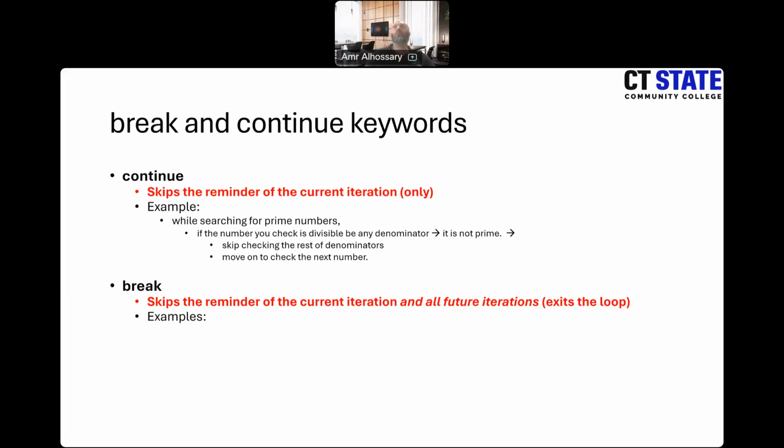Actually, not all numbers, only until its square root. And if we find that any number before it is a divider, then it is not a prime number. We should not waste more time in checking any other numbers.